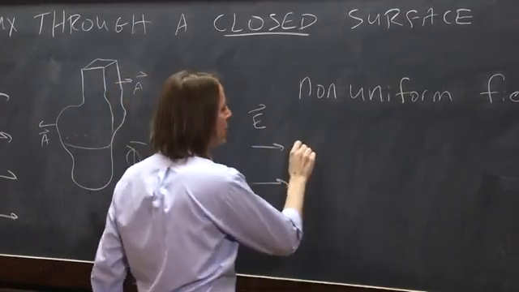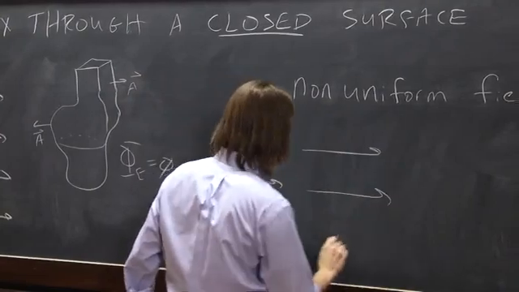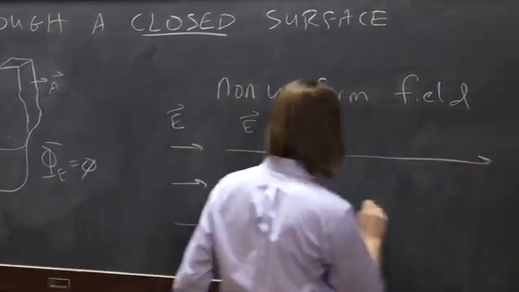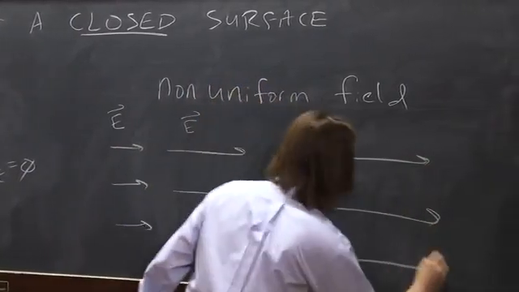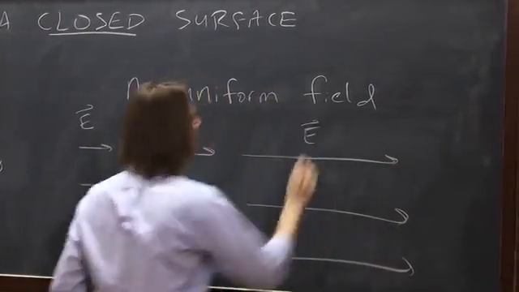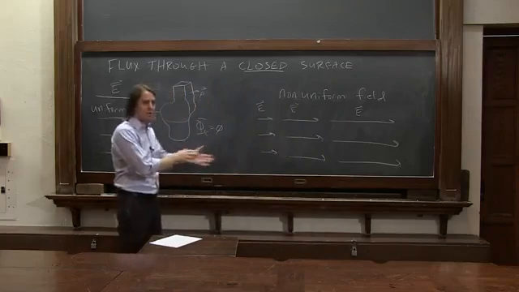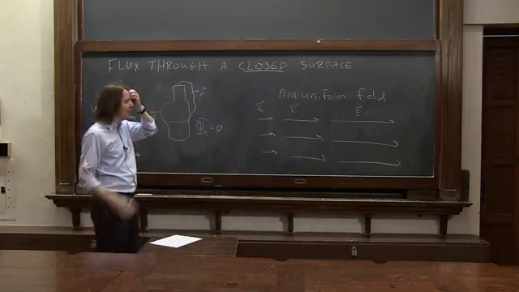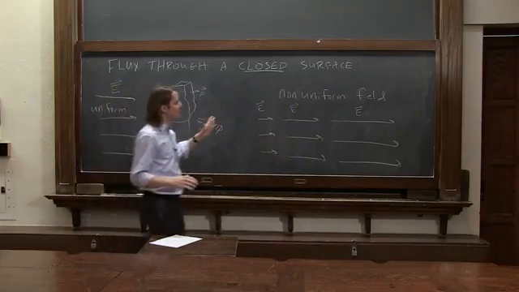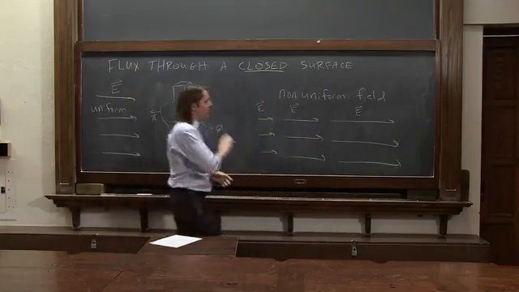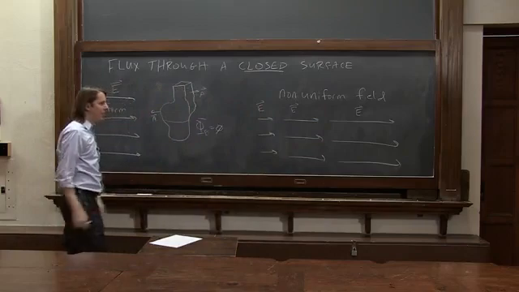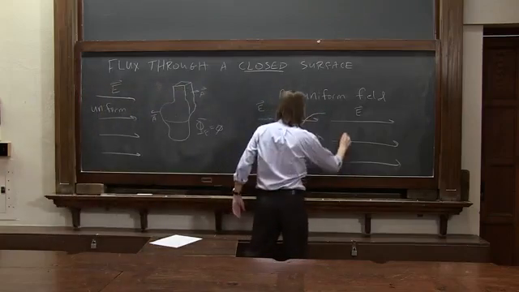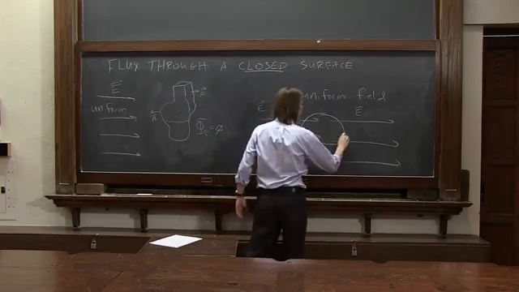It could all point in one direction, but it could be growing as you go to the right, getting bigger and bigger. To really make that field would require some charge placed in various positions, but we're not worrying about how the field got created. We're just saying that's the field. It's an E field growing in magnitude as you move that way, and it points that way. Let's put a closed surface in here and see what happens.